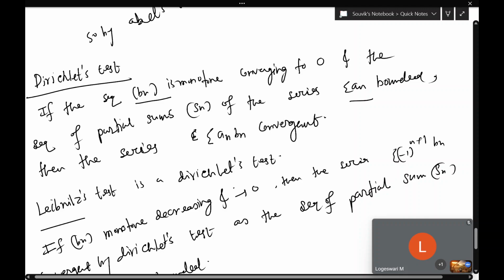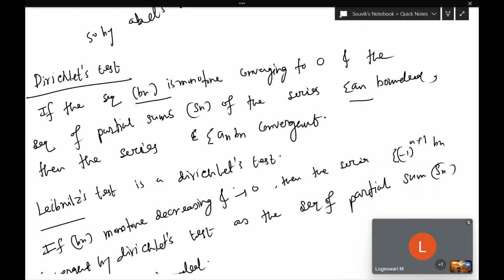This tells that if we consider the sequence Bn, which is monotone converging to 0, and the sequence of partial sums Sn of the series summation an is bounded, then the series summation an Bn is convergent.